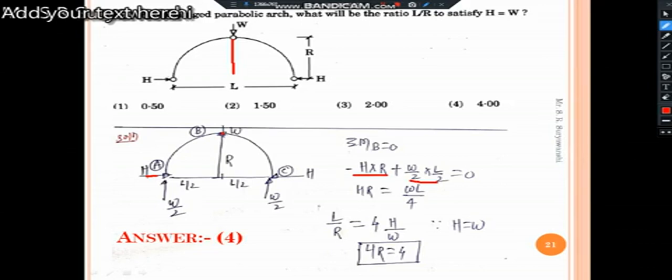But here what they have asked ratio of L by R when H is equal to W. So we have to find out the ratio of L by R. So if you simplify this, so what we get, L by R is equal to 4 into H by W. But since they have given H is equal to W, so this will be cancelled, and L by R, this ratio, it will be 4. That will be option 4.